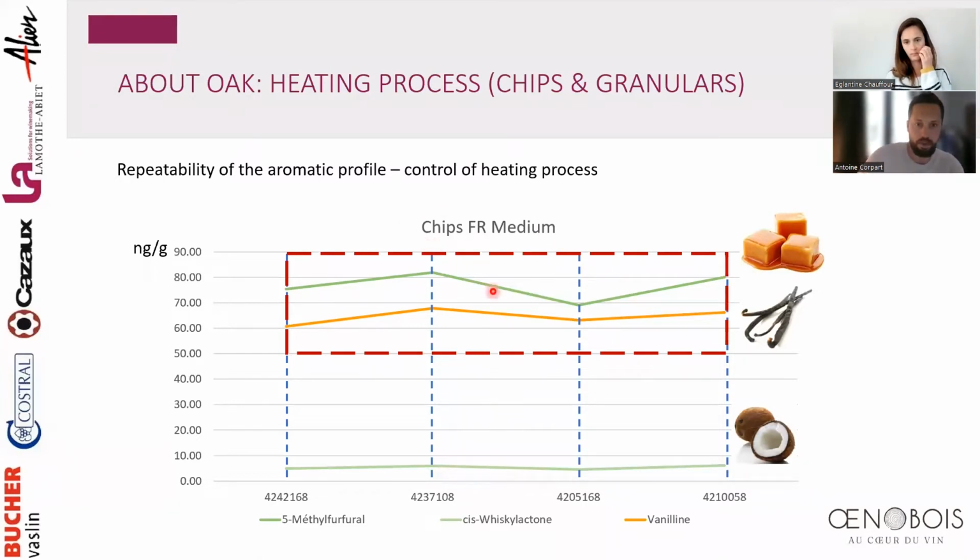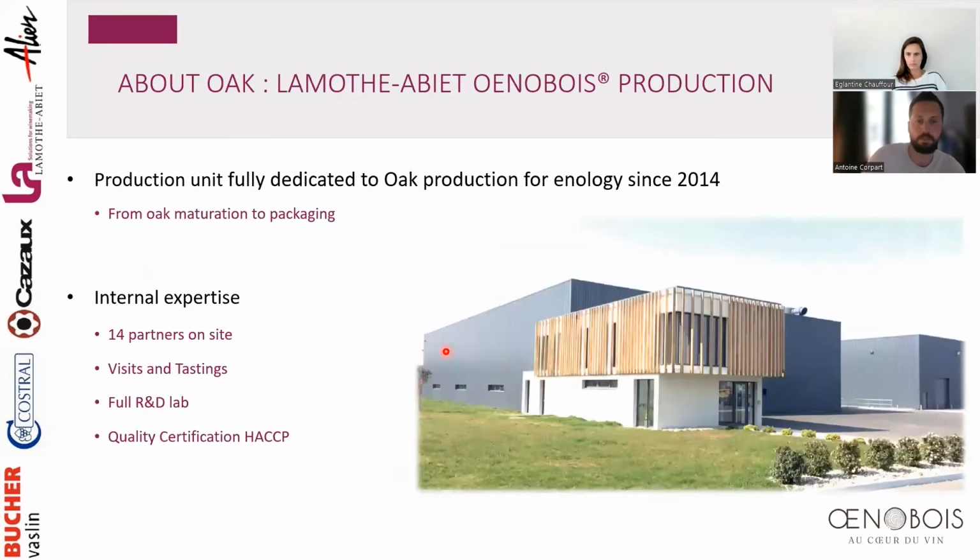And if one batch has a concentration outside the limits, it will not be part of the final blend. So the idea is still to be repeatable in the heating process.